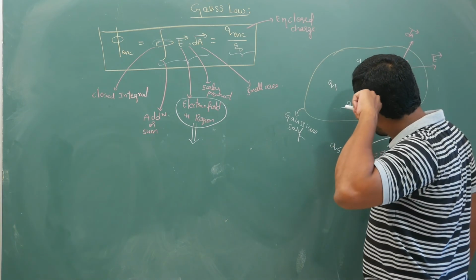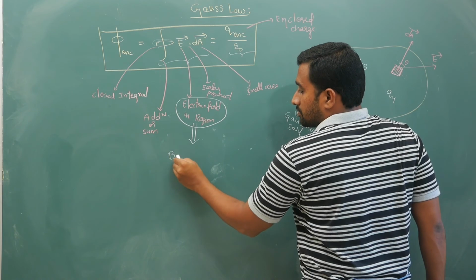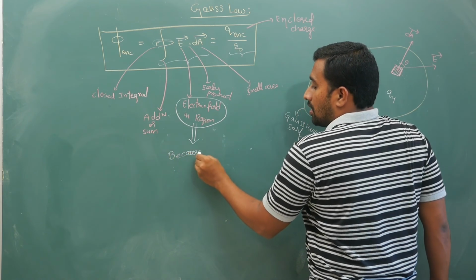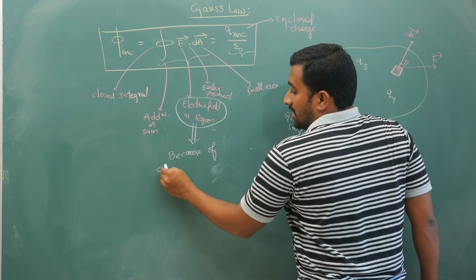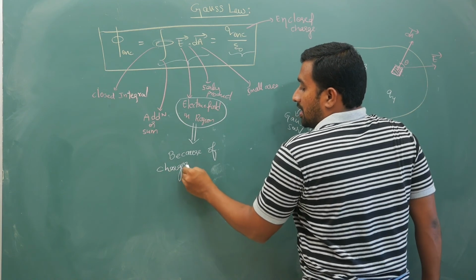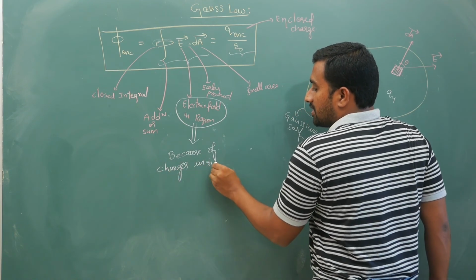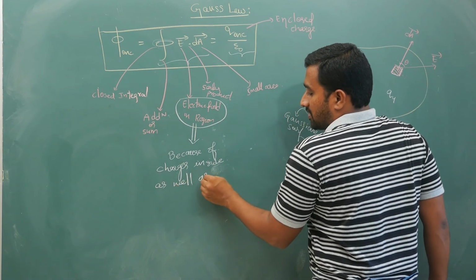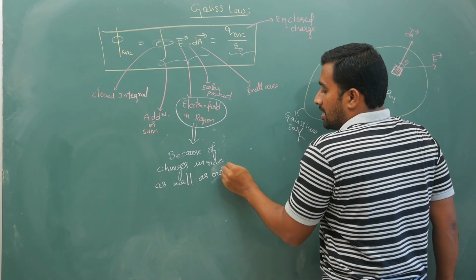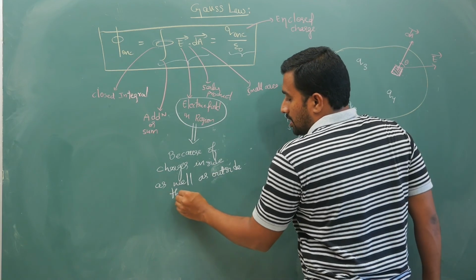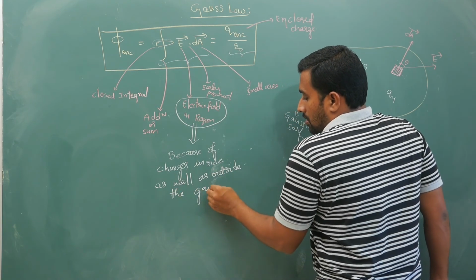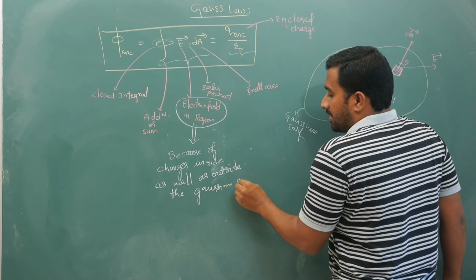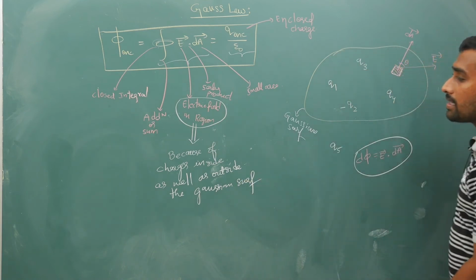So your electric field is because of charges inside the Gaussian surface as well as outside the Gaussian surface. Your electric field in the region is to be considered here.